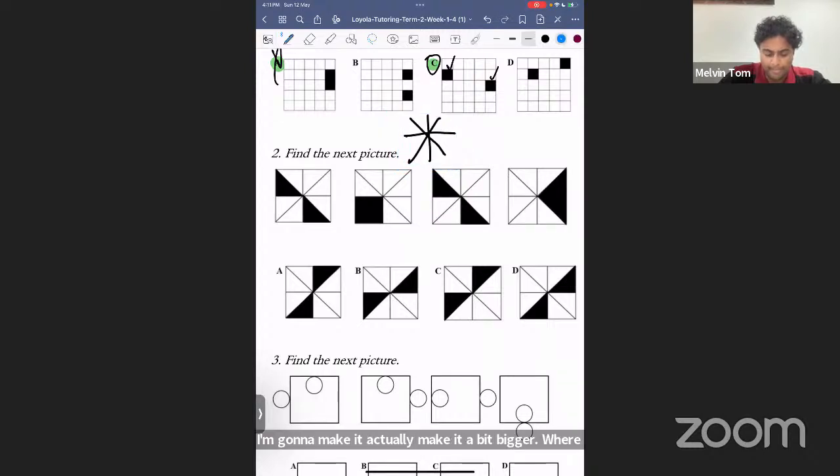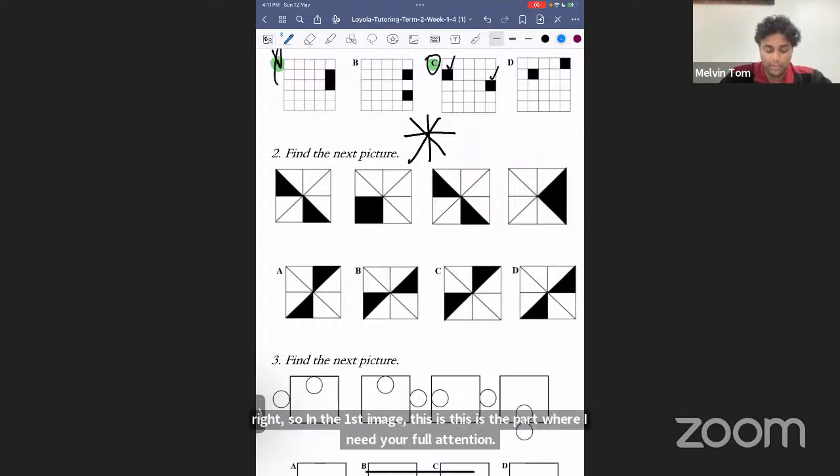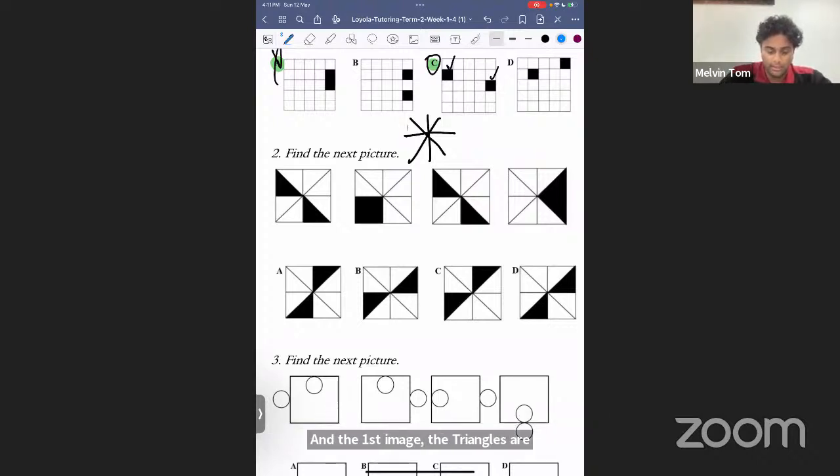All right. So in the first image, this is the part where I need your full attention. In the first image, the triangles are in this position and it's in this position, right? All good so far? First image, they're in those 2 positions.